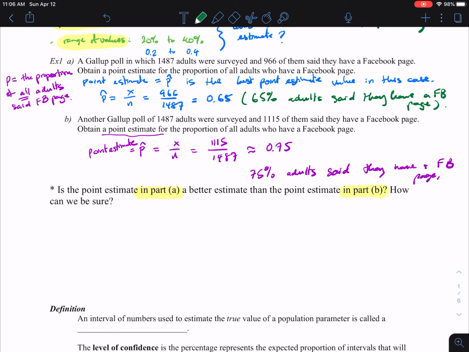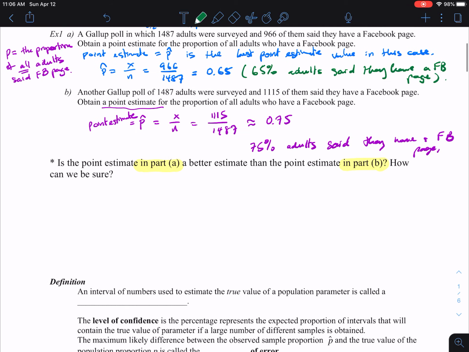So certainly we can't tell which one is better. So what we say is neither one is better, since each of those guesses is a single estimate value.